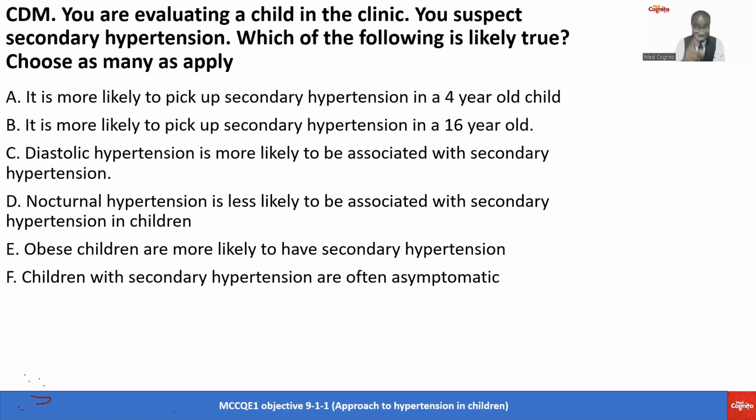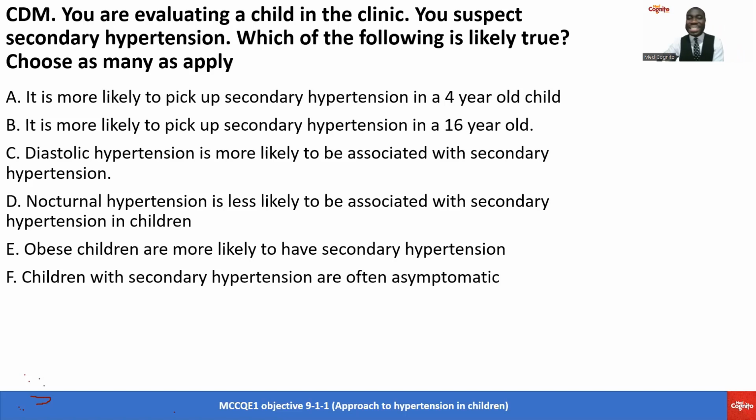Okay, so C, diastolic hypertension is more likely to be associated with secondary hypertension. Is it true or false? True. Good. D, nocturnal hypertension is less likely to be associated with secondary hypertension. False. So that means D is not correct, but C is correct, and B is also correct. E, obese children are more likely to have secondary hypertension. False.